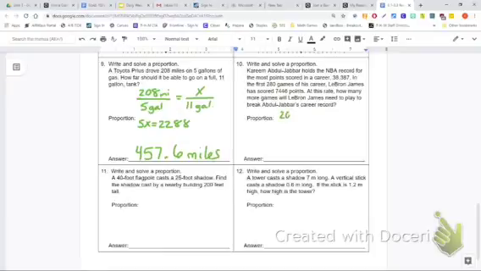So 208 games, he scored 7,446 points. Now let's go back and pull that other number, guys. That other number that Kareem Abdul-Jabbar did, 38,387, that is points. So that needs to go on the bottom. 38,387 on the bottom. Our unknown is on the top.